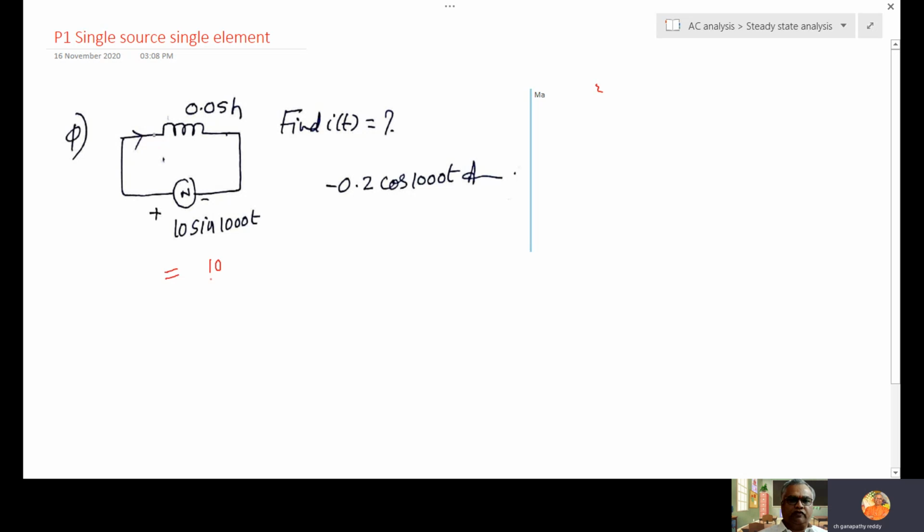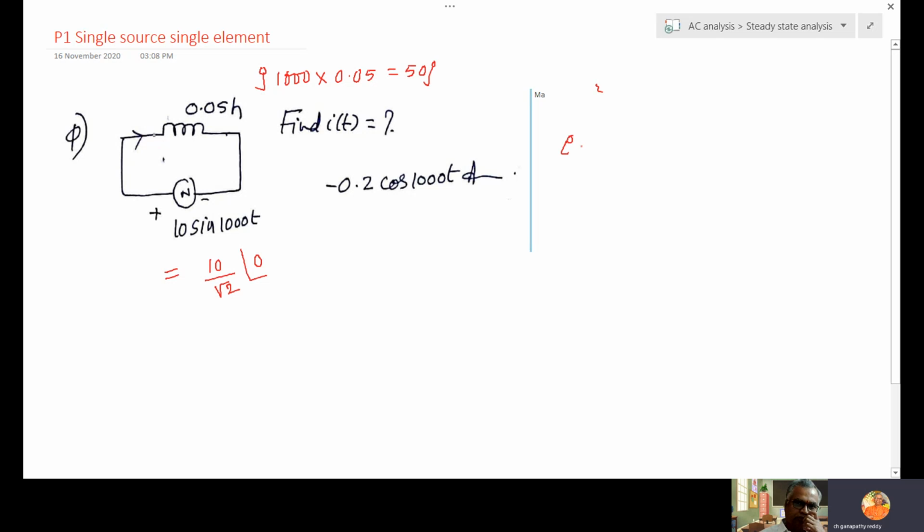So the phasor form is 10 by root 2 angle of 0. And inductive reactance is j, omega is 1000 and inductor value 0.05. So you will get 50j.